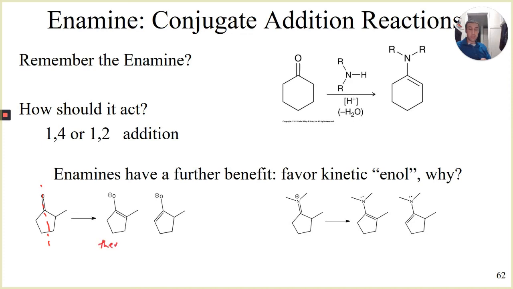Because if we use one base, we could get the thermodynamic. If we used a different base, we could get the kinetic. Okay? So there were two possibilities. If I want the kinetic product, I then also have to use a really, really strong base, and that could cause other side reactions. Okay? So the asymmetric enolates kind of mess with our synthesis.